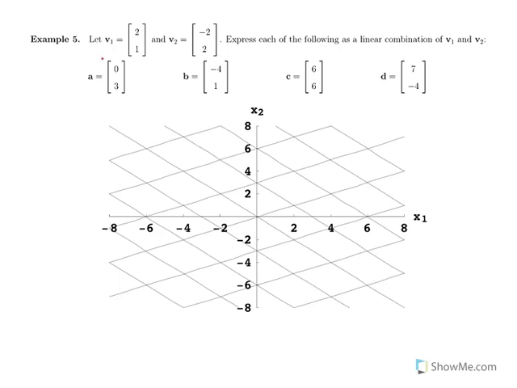So V1 is the vector 2, 1, and that corresponds exactly with this line right here. This is V1, and V2 is going to correspond to that other line, -2, 2, is right here.